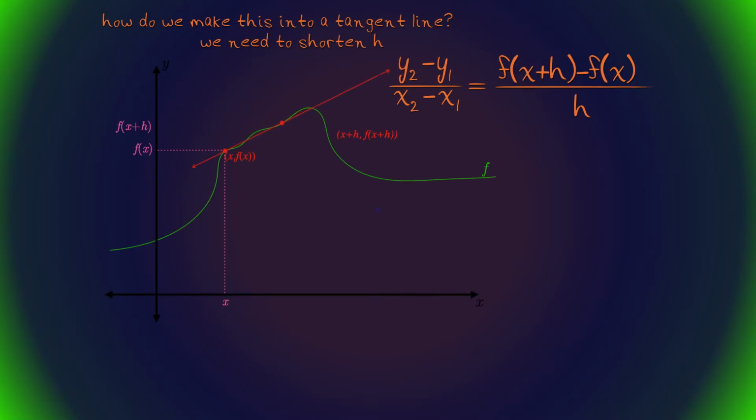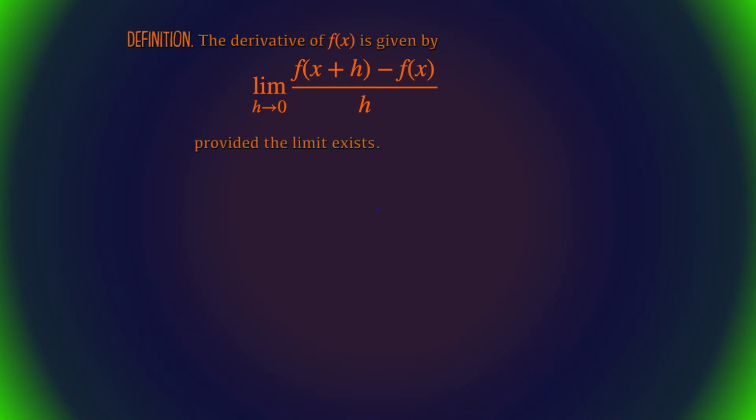And we're just going to keep moving h to be smaller and smaller until eventually it merges with x. So h is becoming 0 pretty much. And so we have a definition. The derivative of f of x is given by the limit as h approaches 0 of the slope of the secant line.